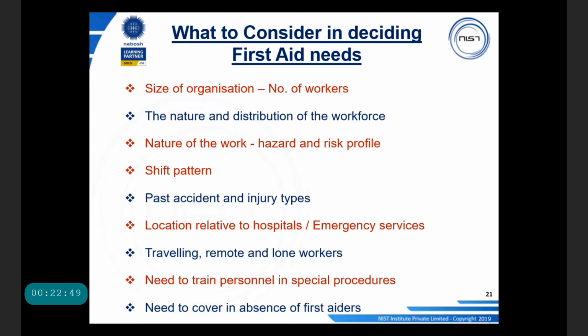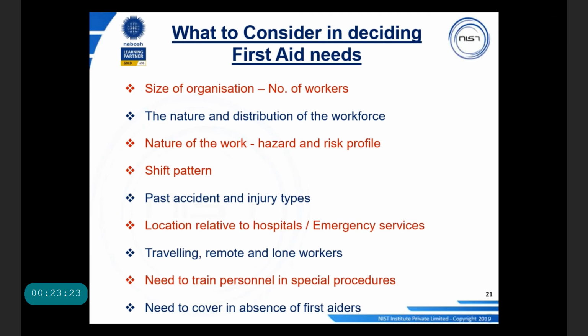Yeah, so you agree that I don't need a doctor sitting in my workplace as a permanent person, but rather a first aider will do. So why did you think so? Because of your geographical location. So the geographical location becomes a factor to consider for the level of first aid arrangements required for your workplace.